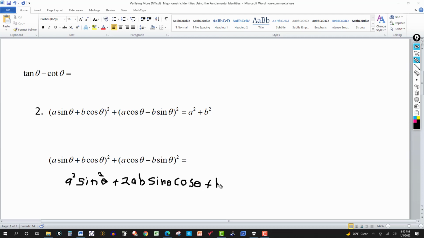So that'll give me b squared. And then I also have to square the cosine, squared theta.